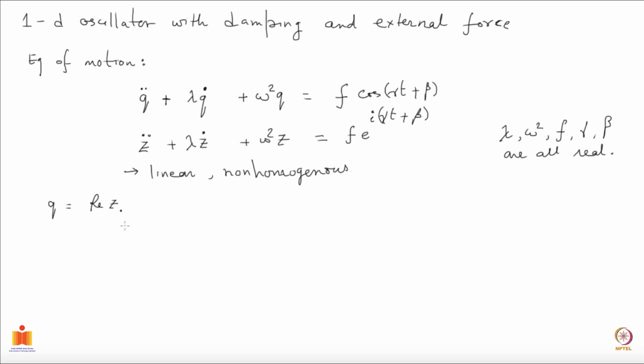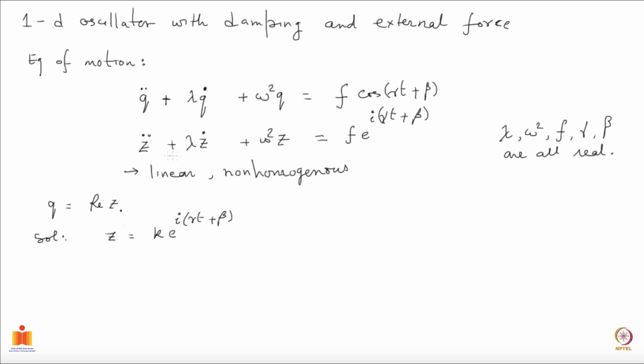So what I do is I say that z is of the form k e to the I (gamma t plus beta), and we substitute this because this is the only possibility that's going to work, right?